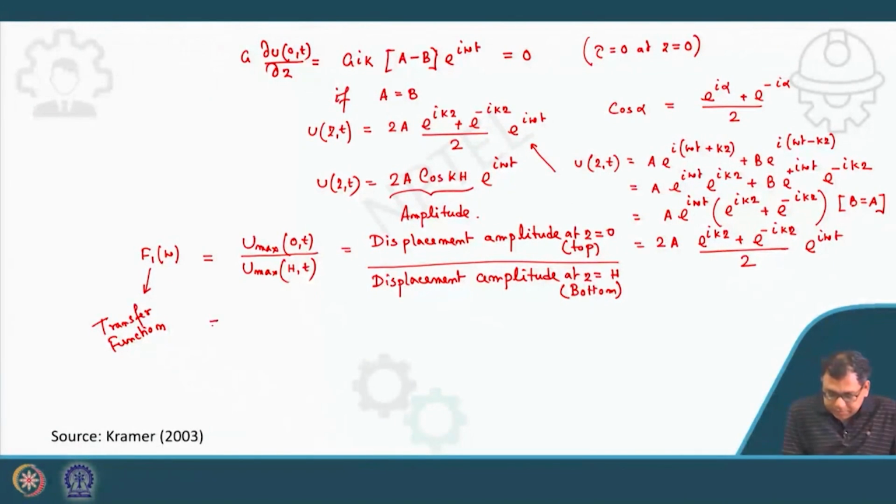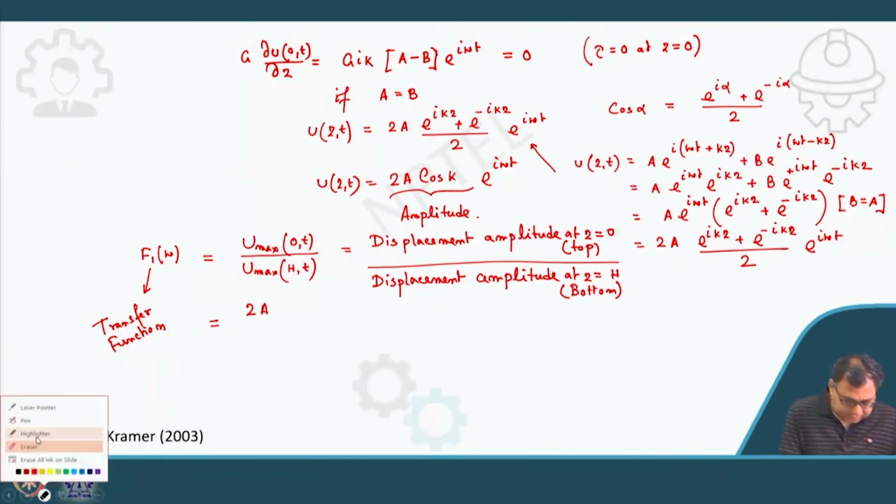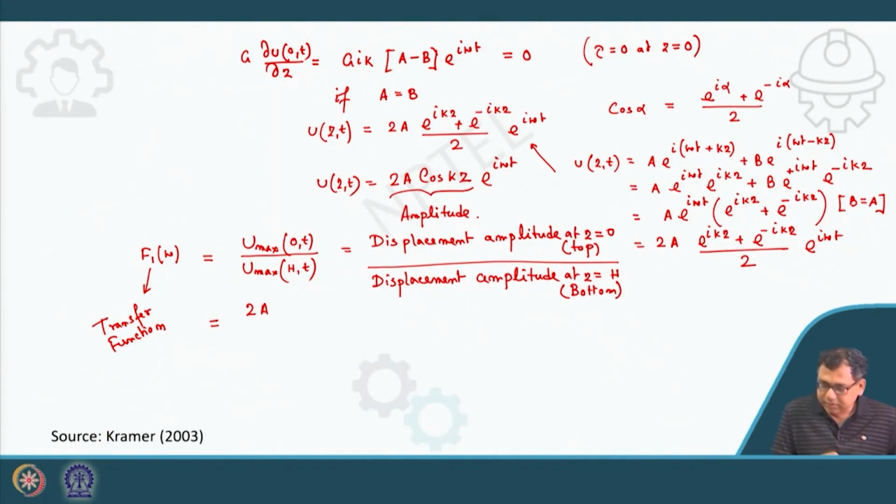So now what is the maximum displacement? U max, displacement amplitude at z equal to 0. This will be simply from this equation 2a cos kz. Later on I will put the value. Now in the general equation I should write this is z. Now if I put z equal to 0 at the top, then cos 0 will be 1.